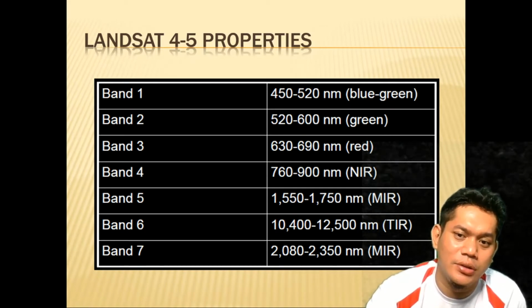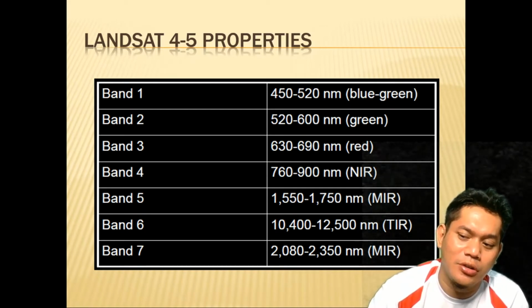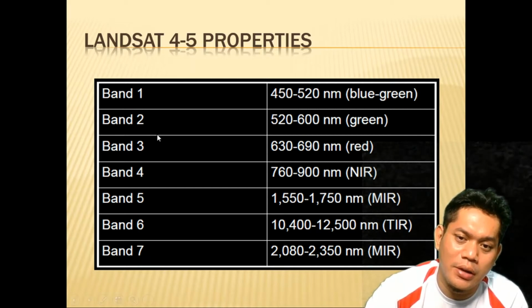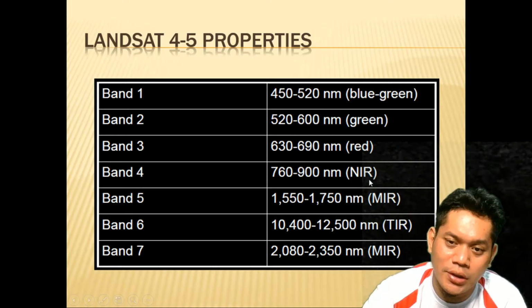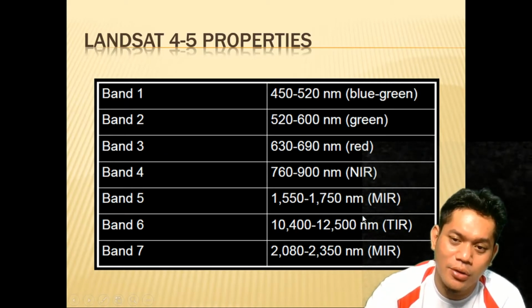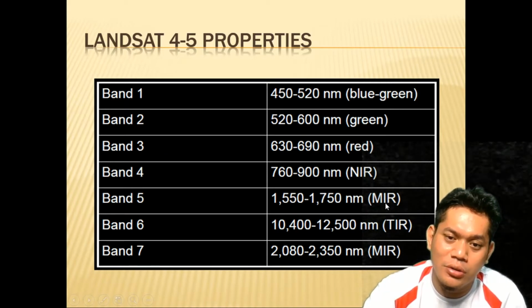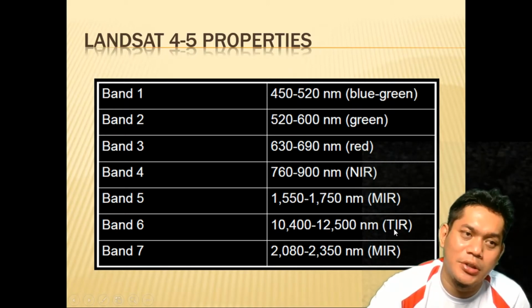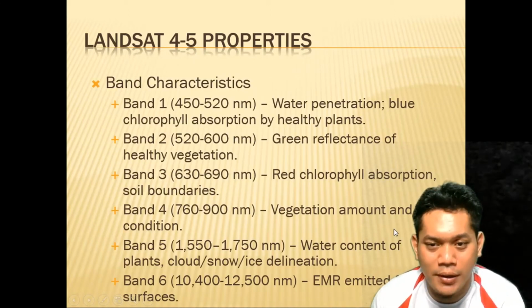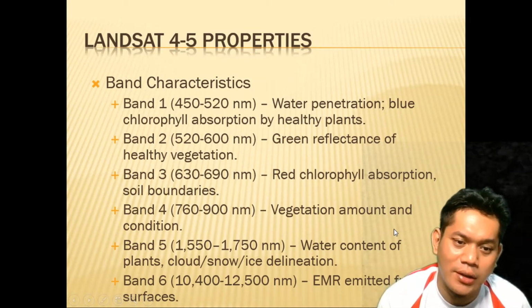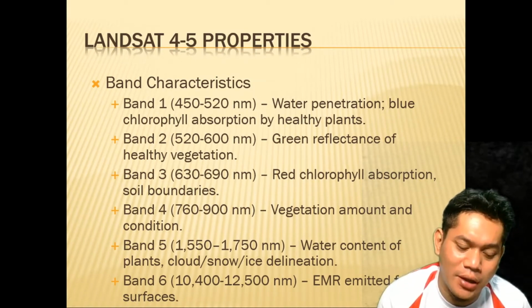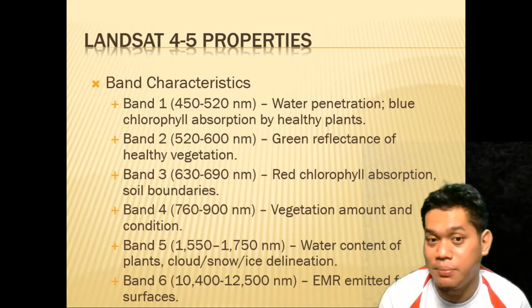So more information can be identified here. You can look into the near infrared to observe the chlorophyll index, the plant health, and so on. Middle infrared to look into the water content, and thermal to look into the temperature of the surface. Here you can see the usage of those bands.